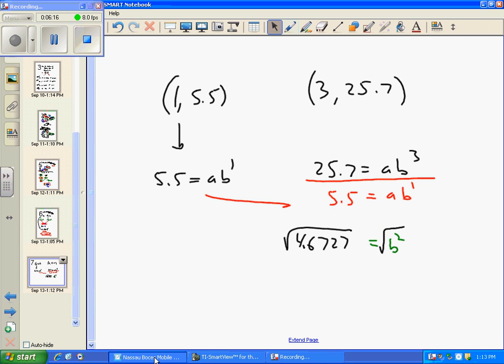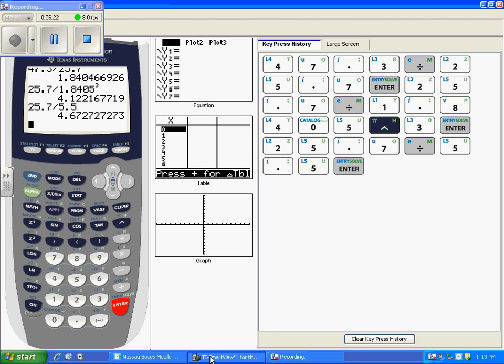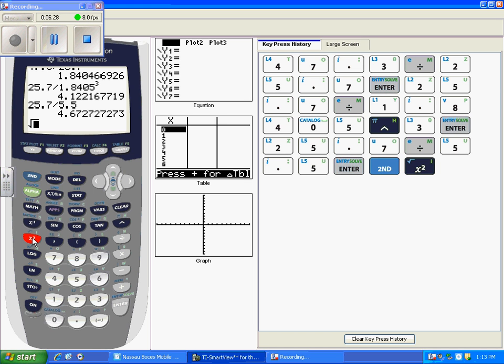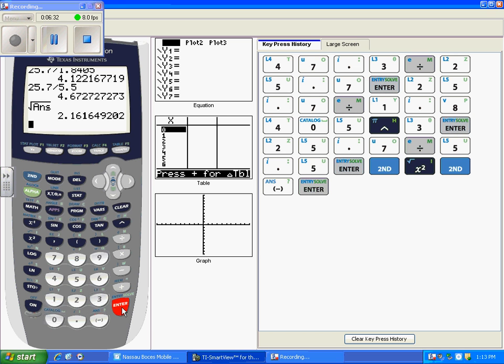So that's the extra step that's happening in this problem that didn't happen in the other one. You just had b equals. So we'll do the square root of our answer. You can enter, and you get about 2.161.